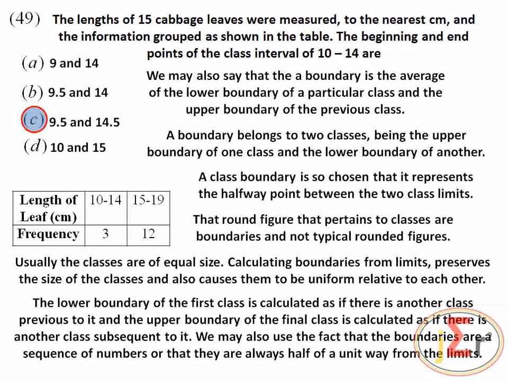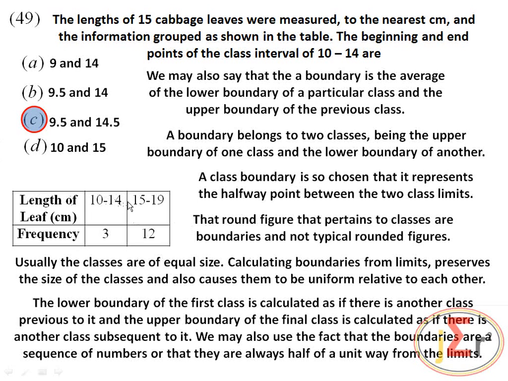So if we have a boundary here, 9.5, then we have 14.5, then the other one will be 19.5, and we will see that they are increasing by 5 each time, so they are in sequence. Also, the boundary is usually half a unit away from the limit.